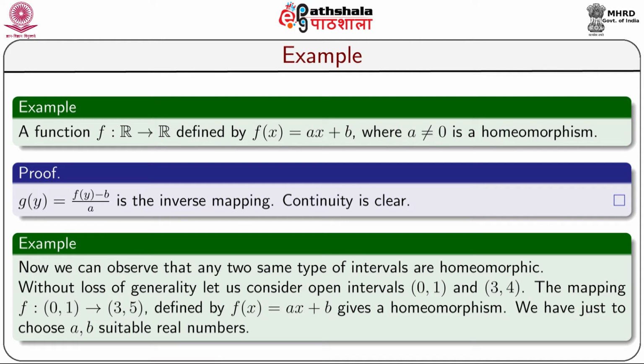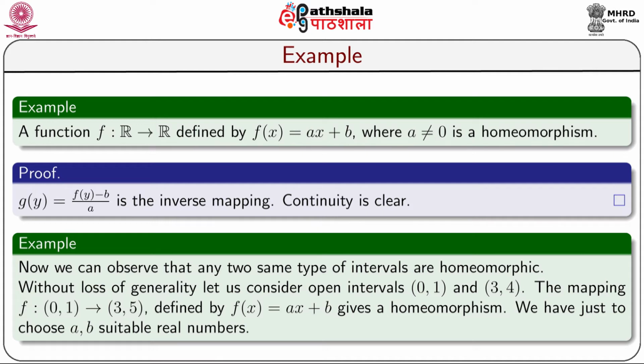So, this gives just the translation. We know that magnification and translation, both these are continuous mappings. So, this type of mapping ax plus b is always a continuous mapping, and its inverse is also continuous. Let us produce another example of homeomorphisms.